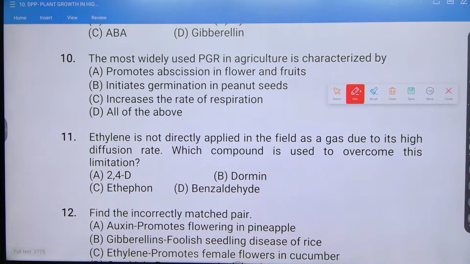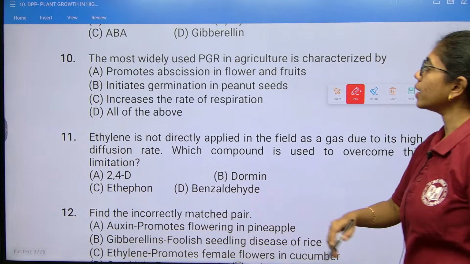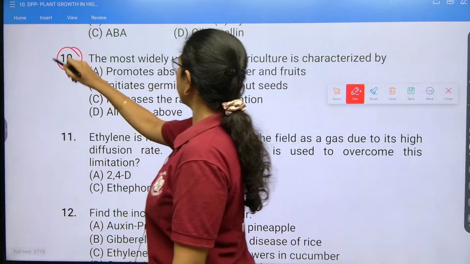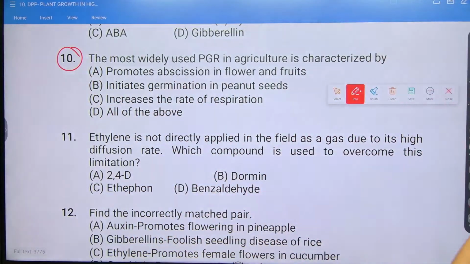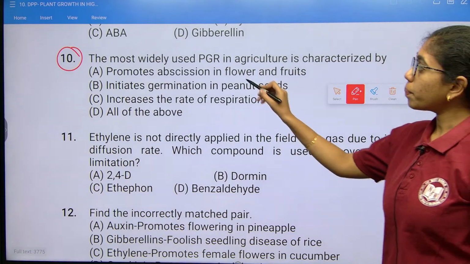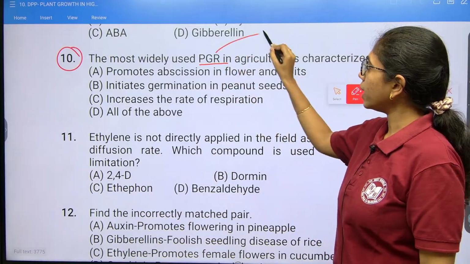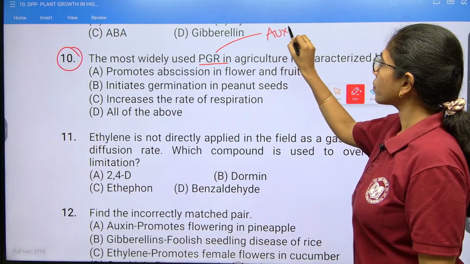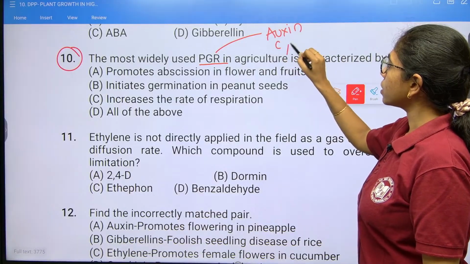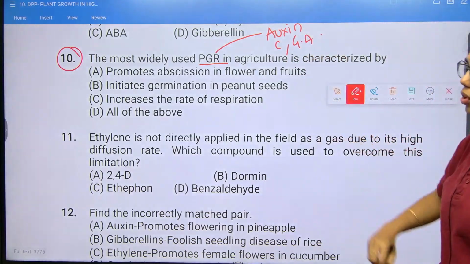Most widely used plant growth regulator in agriculture is characterized by. He is asking plant growth regulator means only 3 hormones, right? What are they? Auxin, cytokinins, gibberellic acid. Now you see.